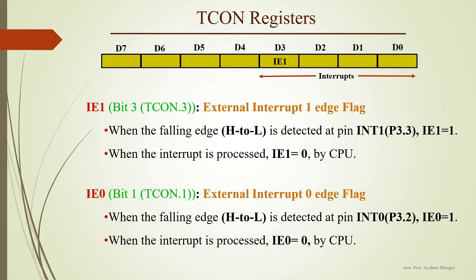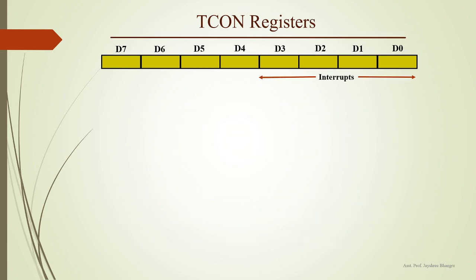IE0 is the external interrupt 0 edge flag. When a falling edge, high to low, is detected at pin INT0, then the interrupt occurs, and when it is processed, this bit is cleared automatically by the CPU.